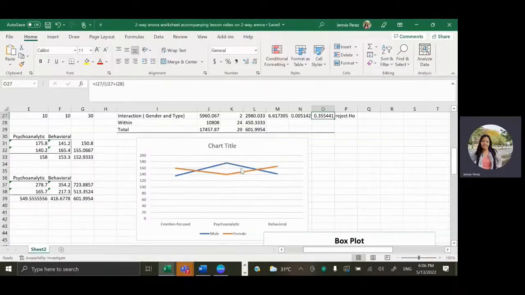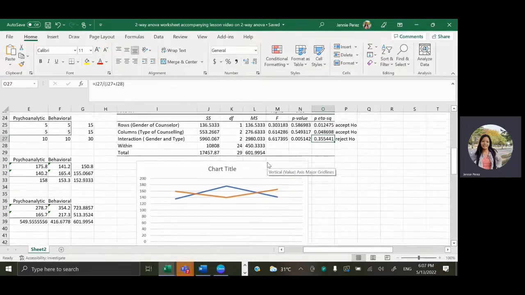However, we can see that the two lines here are not parallel. In fact, they are crisscrossing. There are points of intersection where the lines are intersecting, indicating that there is an interaction of effects between the two factors, the gender of counselor and the type of counseling used.